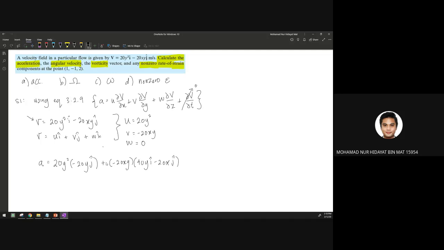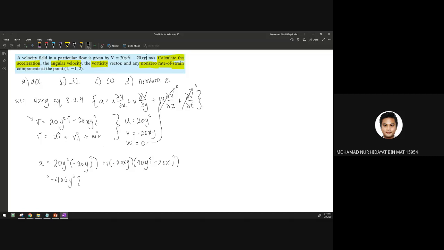From here, remember that w is equal to 0. So this term basically cancels to 0, because when you substitute w equal to 0, this whole term becomes 0. Then you need to simplify the equation. 20 multiplied by 20 is 400 y cubed, remember we have the negative, this is the j component.